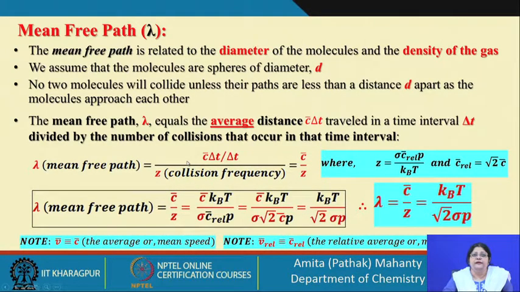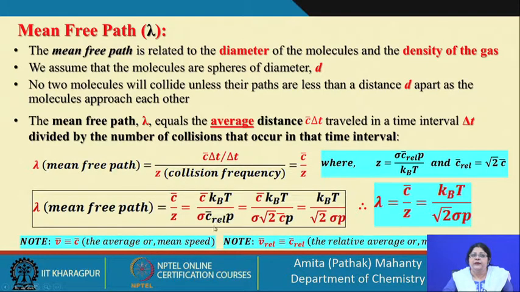So, we have defined the mean free path somewhere like this, and it is coming to be the mean speed divided by the collision frequency. The mean speed I keep as it is, and I replace Z with the expression I derived in the last class: sigma times the relative speed of approach of the molecules times pressure, and in the numerator goes kBT, where kB is the Boltzmann constant.